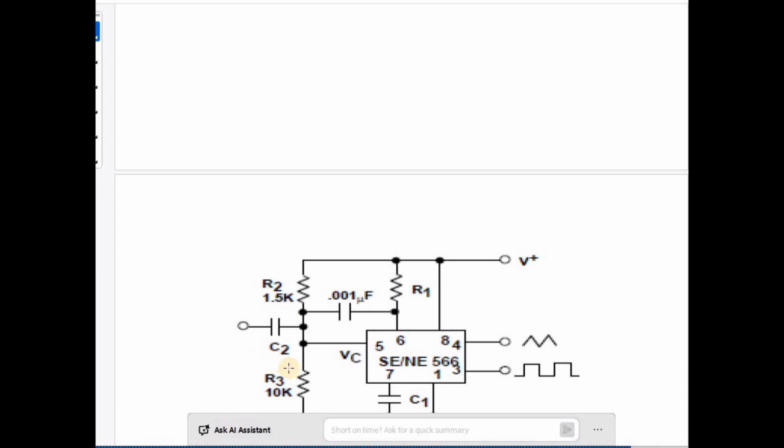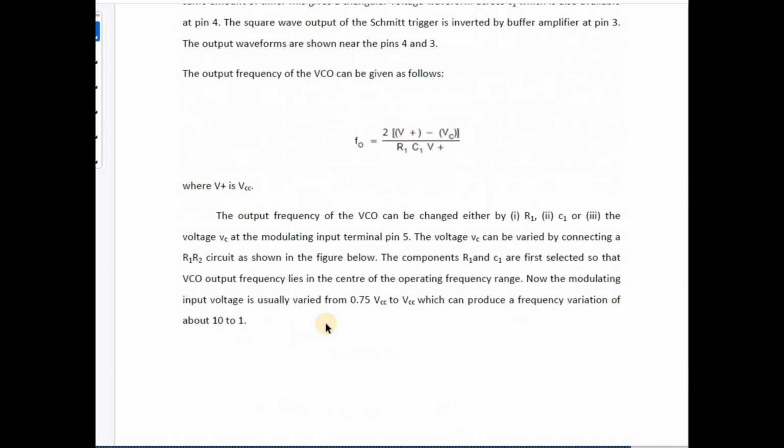So with the help of R3 and R2 values, I can change the value of VC. The components R1 and C1 are first selected so that the VCO output frequency lies in the center of the operating frequency range.